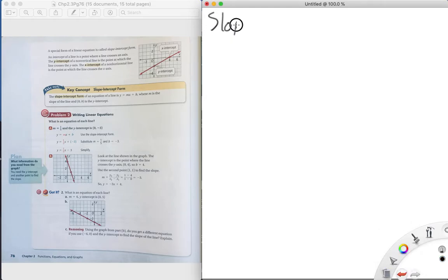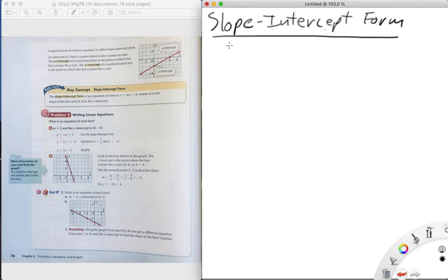Slope-intercept form is the most common of all the linear equations. It is a particular equation of a line, and that equation is in the form of y equals mx plus b.